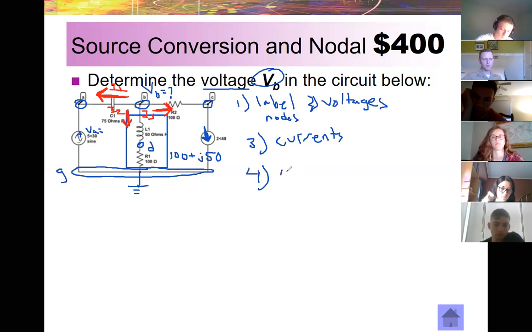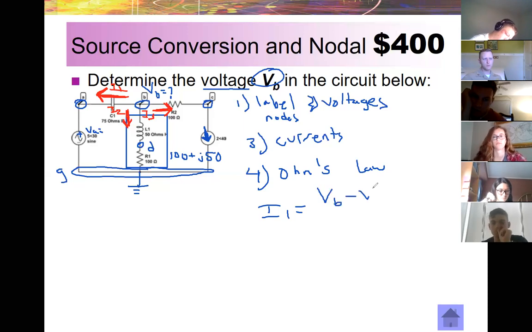So now the next step is our favorite law, Ohm's law. I1 is going from VB to VA over this 75 ohms, but it's a capacitor, so it's negative J 75. I2 is going from VB down to ground.